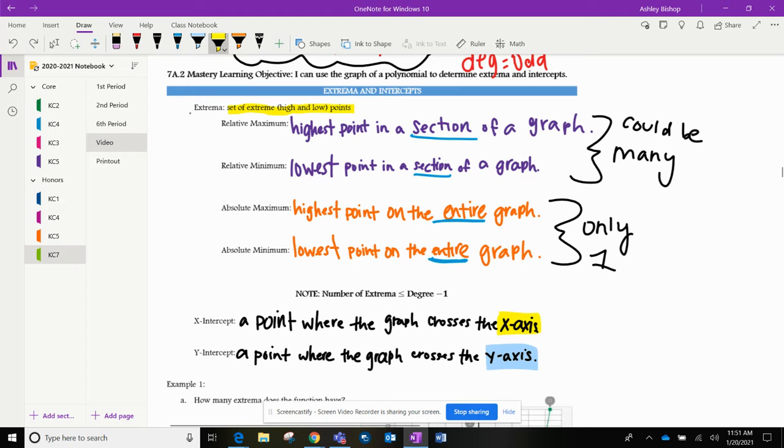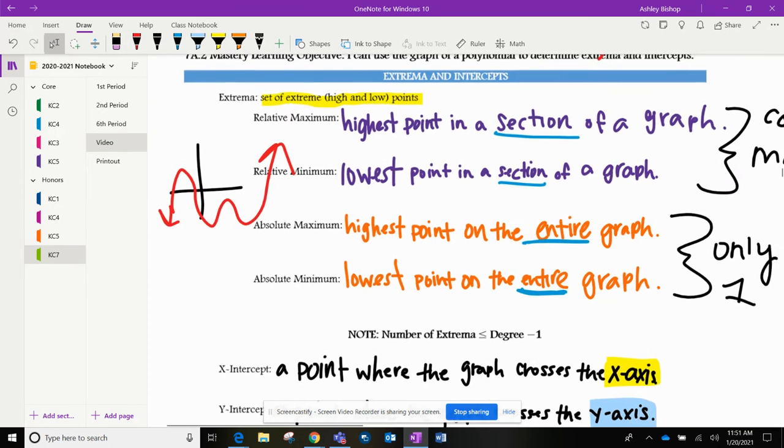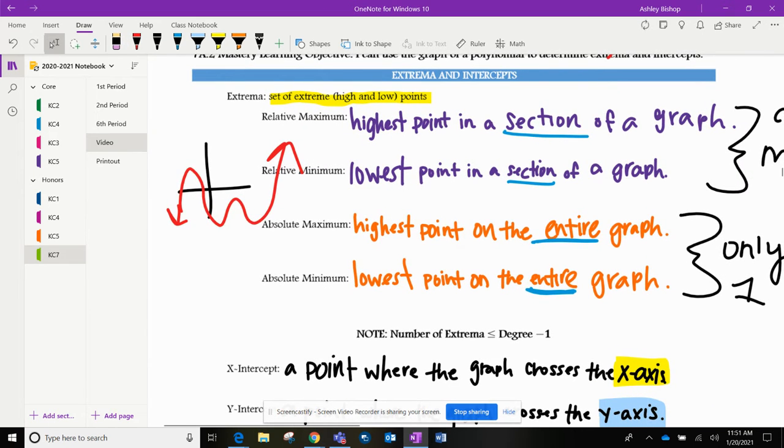So we will do a couple of examples, but just drawing a random example right now, if I drew a graph and it looked like this, say it looks like that, okay? This graph would have relative maximums by section. So there's a maximum. This section of this graph has a maximum right here, right? It has a highest spot right here.